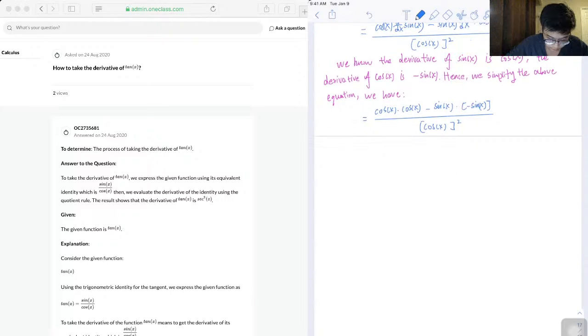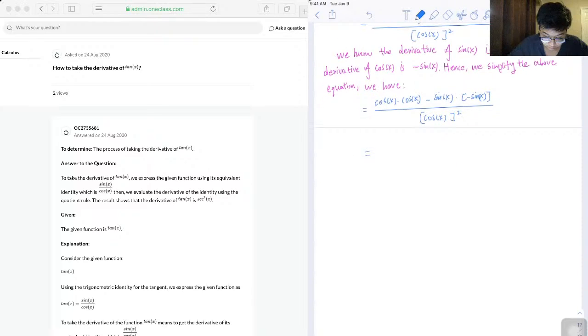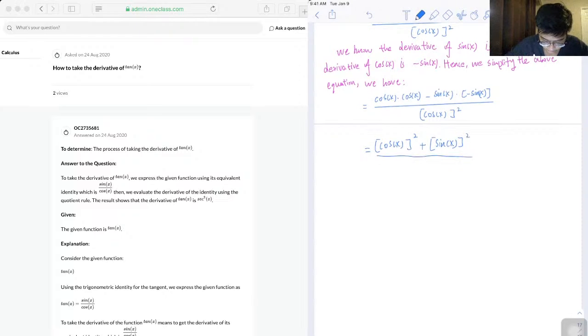So we're combining the numerator, and we get cosine x squared plus sine x squared over cosine x squared.